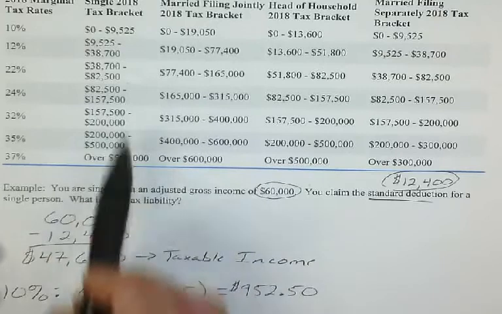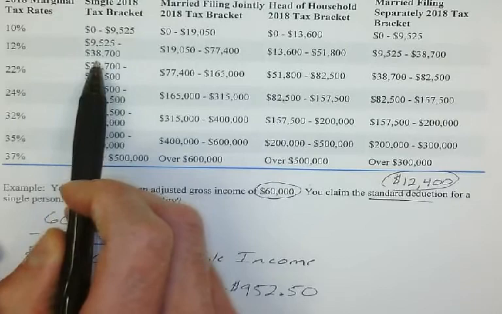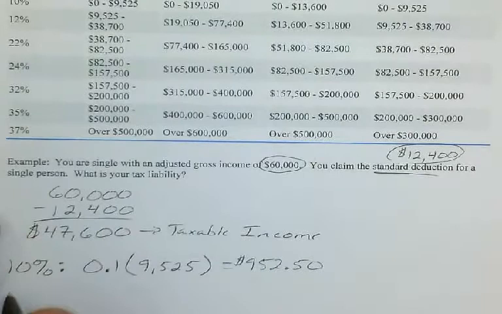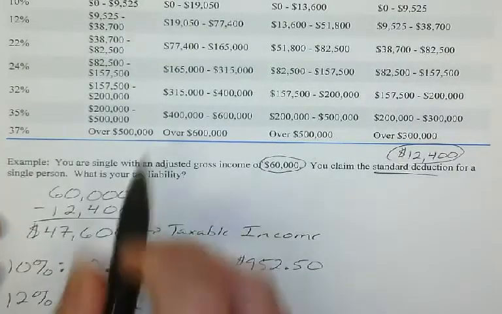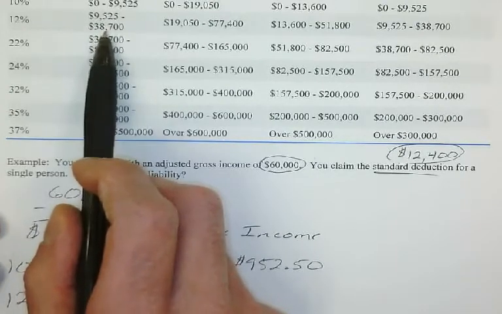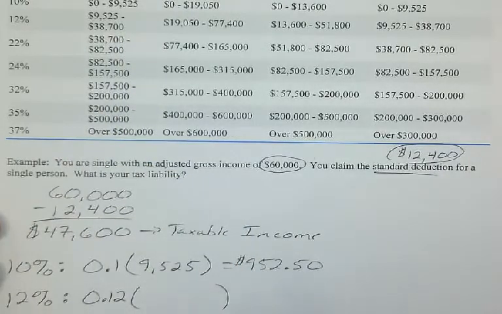The next bracket is their money from $9,525 to $38,700. This is where it gets a little trickier. We're in the 12% bracket, so we multiply 12% by that income, 0.12 times the money that falls within that interval. Now we have to do subtraction, because it's not 38,700. It's 38,700 minus the 9,525 that was already taxed.